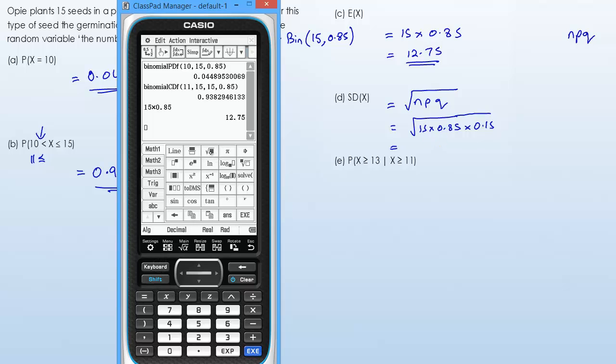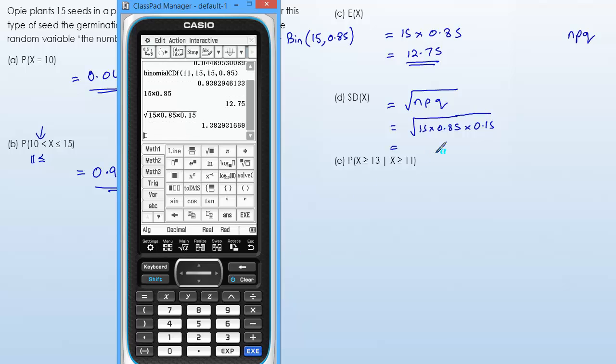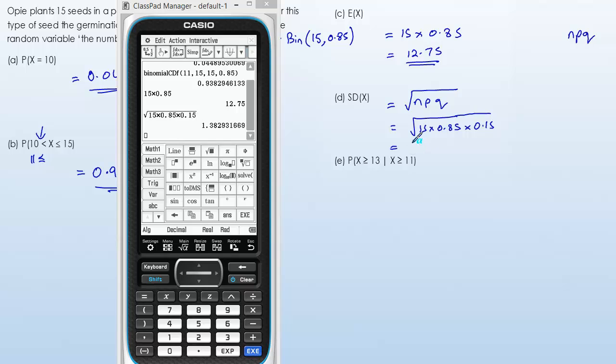So square root of 15 times 0.85 times 0.15, and that gives us 1.383, if I give that to 3 decimal places.